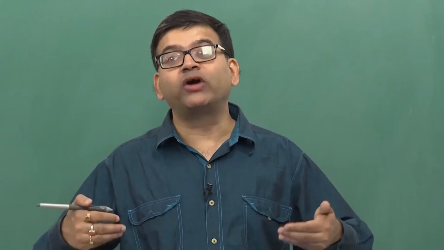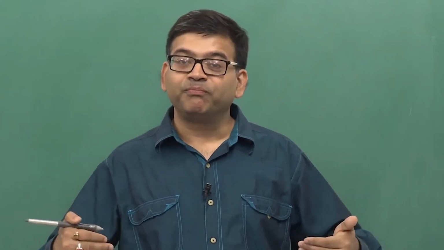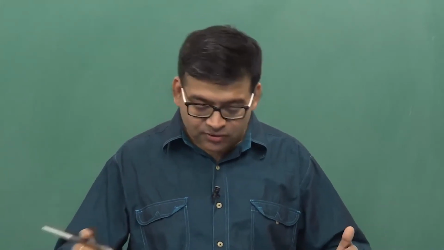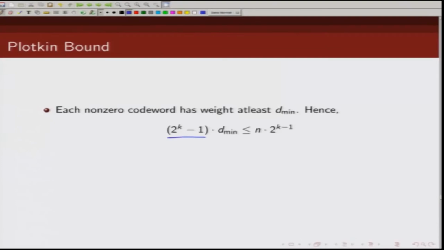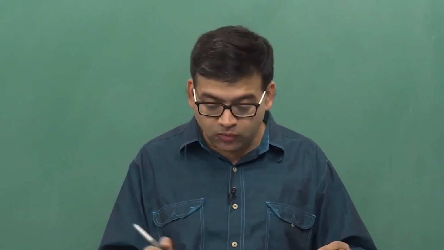The remaining 2^k minus 1 code words will have minimum weight. Minimum distance is equal to minimum weight of a code word. So, the minimum weight of a non-zero code word must be at least d min.